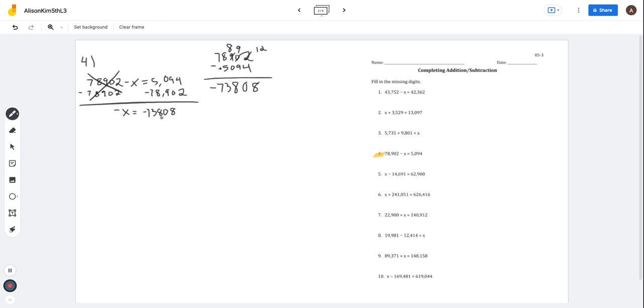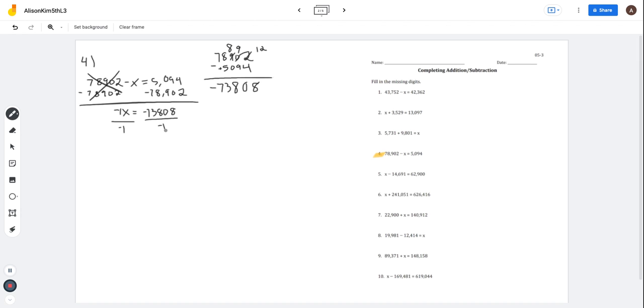Now, you may think that we're done, but we still have a negative right here on the left side, and we want x completely alone, right? And the only way to get rid of the negative is by dividing it by negative 1, because technically in front of this x is a 1. And since we divided by negative 1 on the left side, we're also going to do the same on the right side.